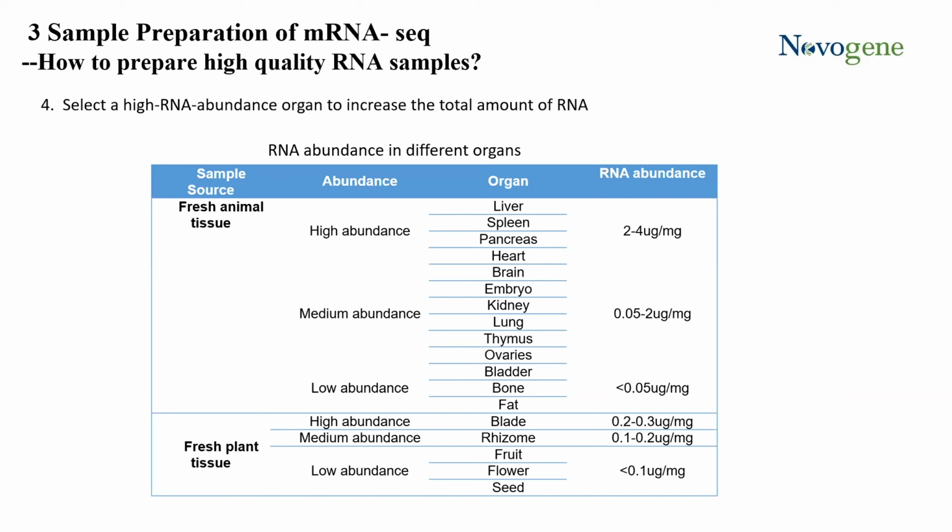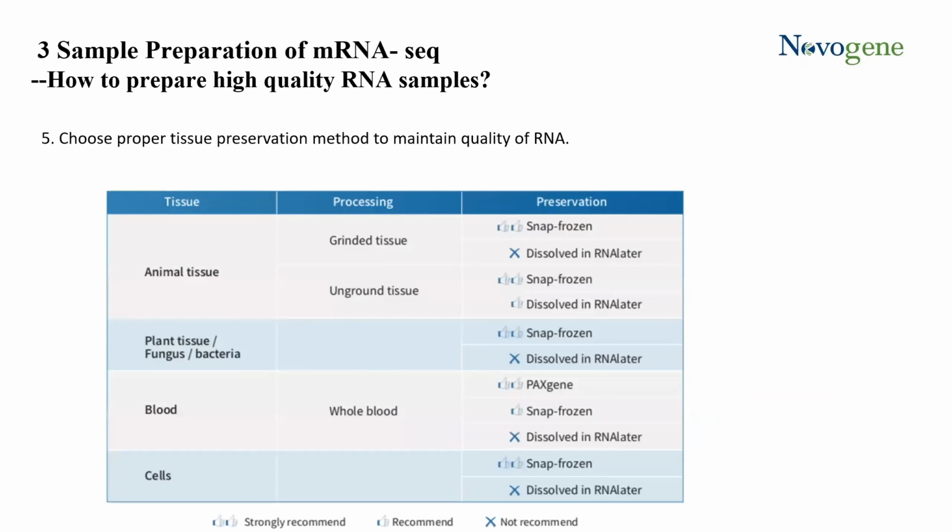So choosing the right organ or tissue will be a rule of thumb to increase the total amount of RNA. If you want to send tissues to us, you should make sure that the tissues are preserved in the right method. You can send animal, plant, blood, or cells.